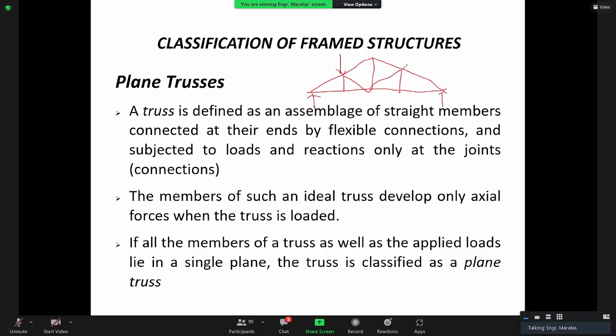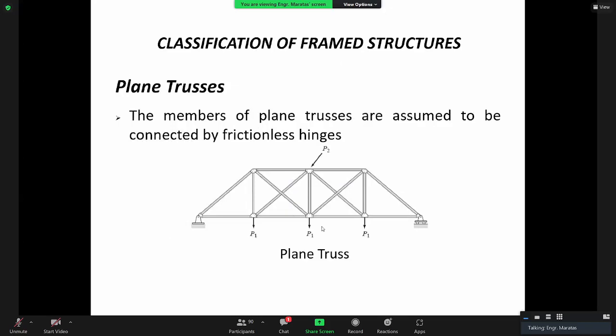Okay? So this member, for example, is a two-force member. It's either in tension or in compression. Axial load only. Okay? So that's one. So this is the example, no, of a plane truss, connected by frictionless hinges, no.